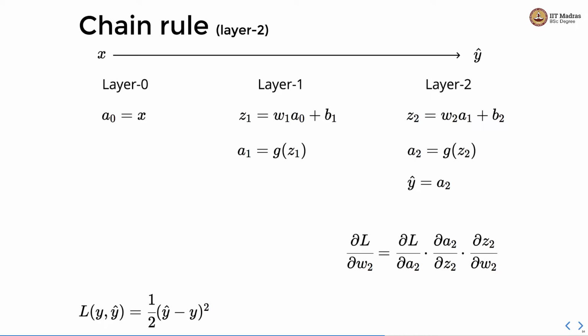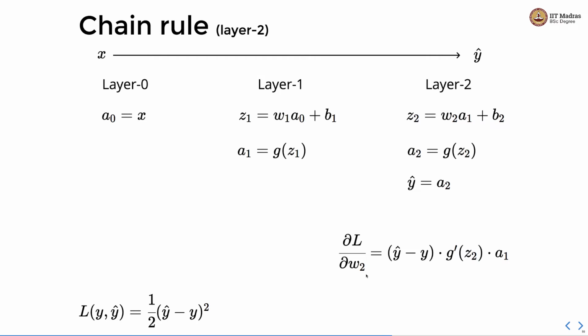Hence, first we calculate the partial derivative of loss with respect to the nonlinear activation A2, and then multiply that with the partial derivative of A2 with respect to Z2, which is the pre-activation, and then the partial derivative of Z2 with respect to W2. This is how we compute the partial derivative of loss with respect to W2. And this turns out to be (Y hat minus Y) times g'(Z2) times A1.